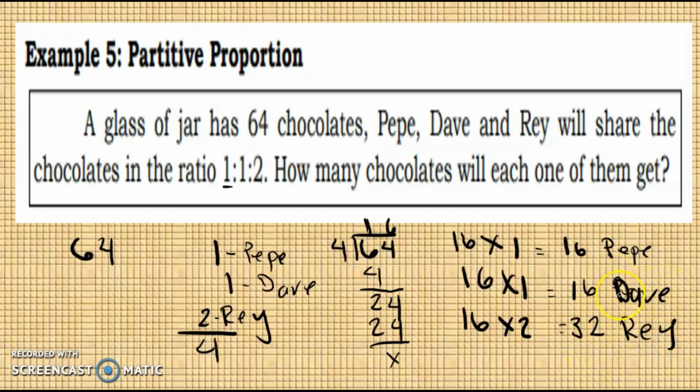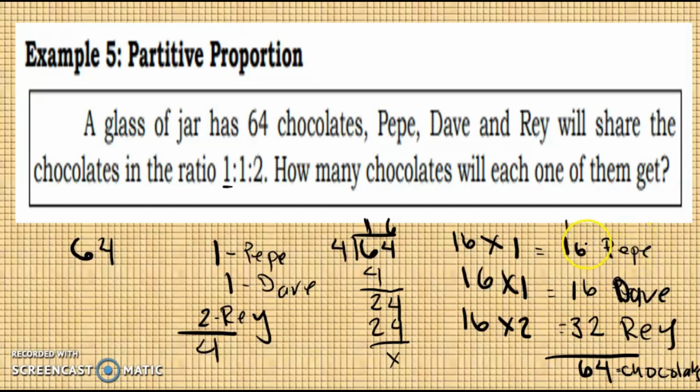Okay. So, tingnan natin kung tama ang total natin. So, 6 plus 6 is 12. Plus 2 is 14, carry 1. 3 plus 1 is 4. Plus 1 is 5. Plus 1 is 6. So, total, 64 chocolates. Okay.